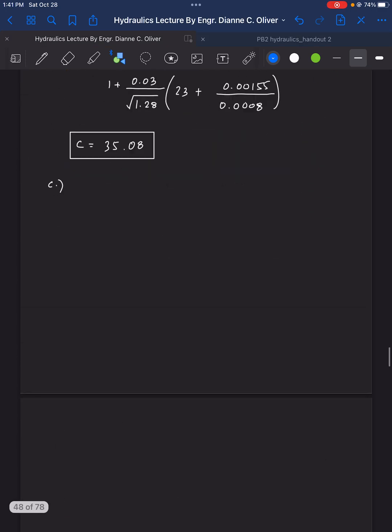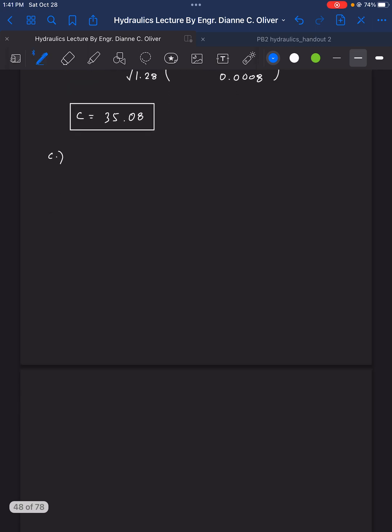Okay. So for letter C, Chezy's formula, V is equal to C square root of RS. And for Manning's coefficient C, that is equal to R raised to 1/6 all over n.